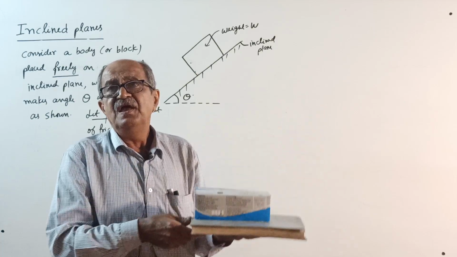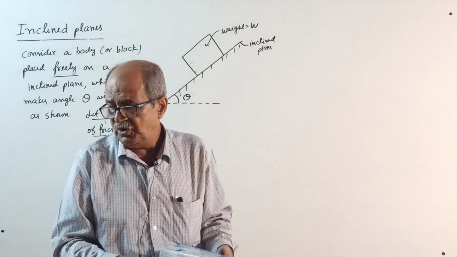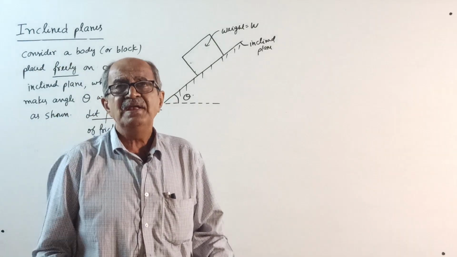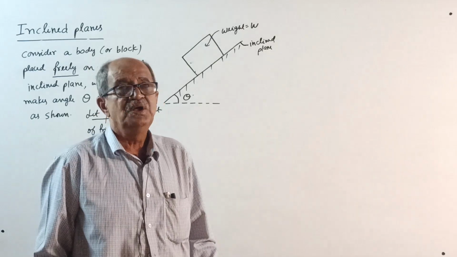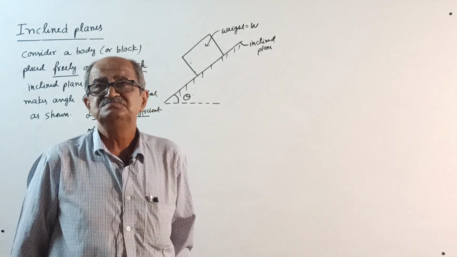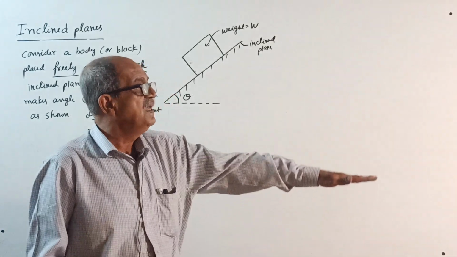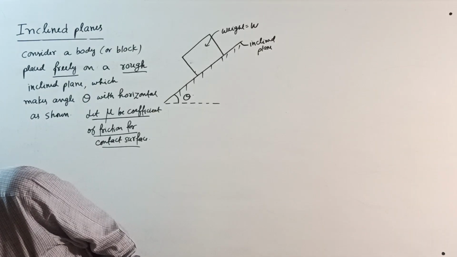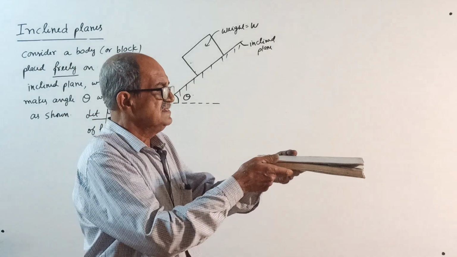I will give a practical example for you, the best example. Imagine a vehicle in neutral. You know what neutral is? Placed on an inclined plane, maybe slightly inclined.